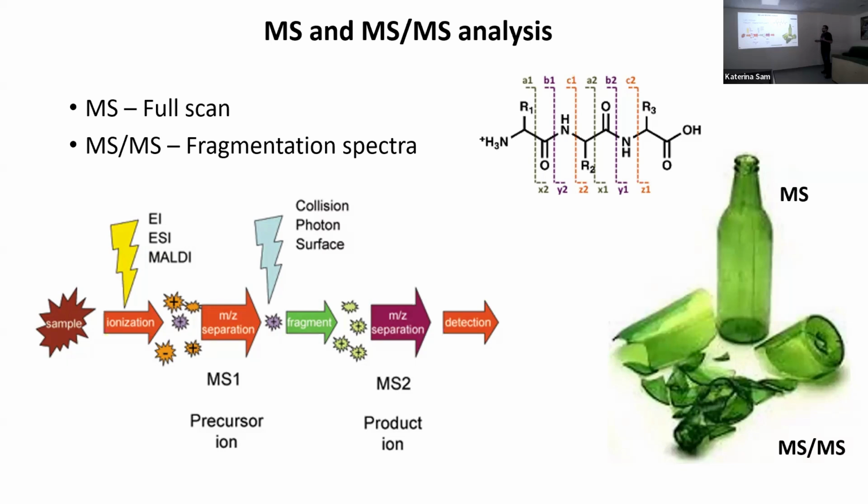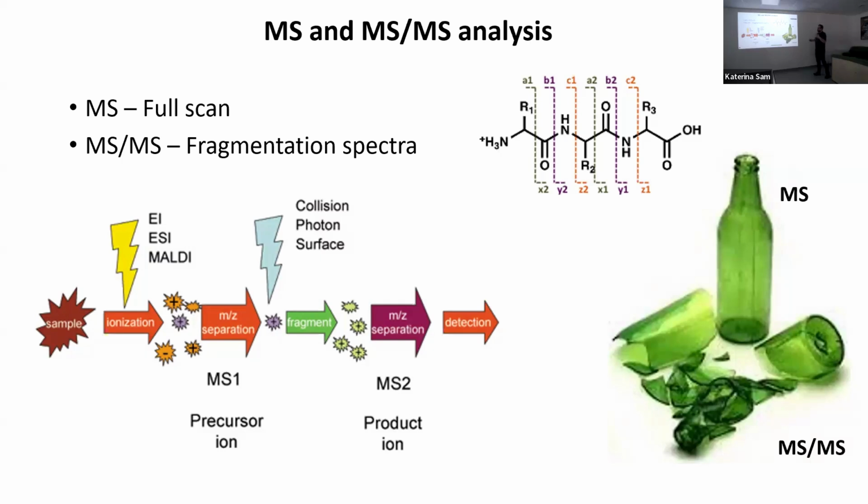Because if we have a normal beer bottle, and I use a hammer on the bottle, I prepare a lot of pieces of the bottle. In the mass spec it's the same, because this is the alanine, and this is a part of the alanine.